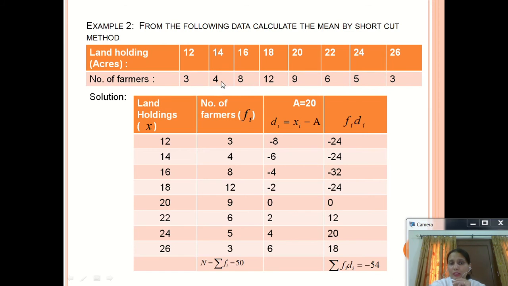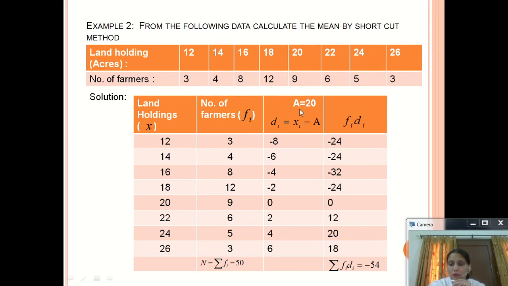How many farmers have 14 acre land? That is 4. So this is the frequency and this is x, land holding. Land holding is denoted as x and number of farmers f. Clear?